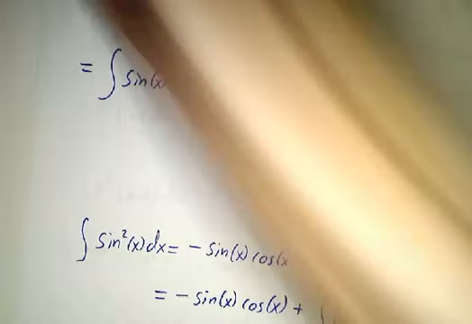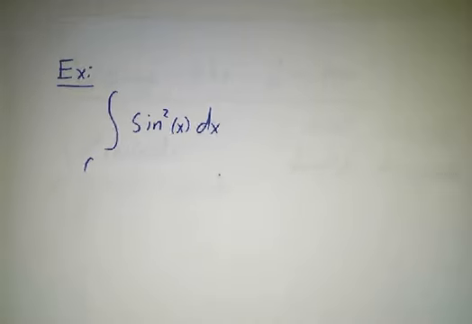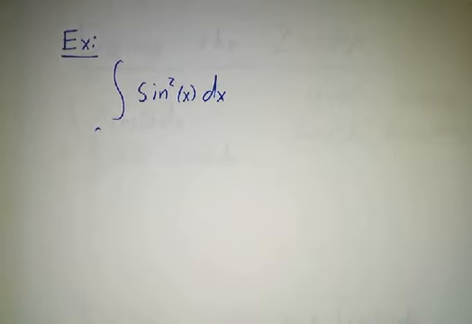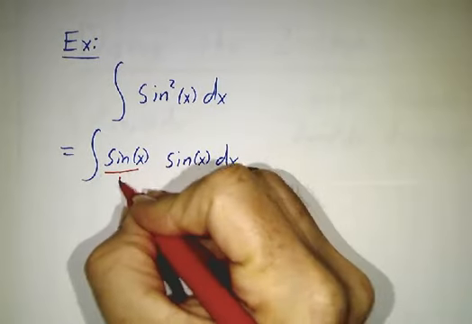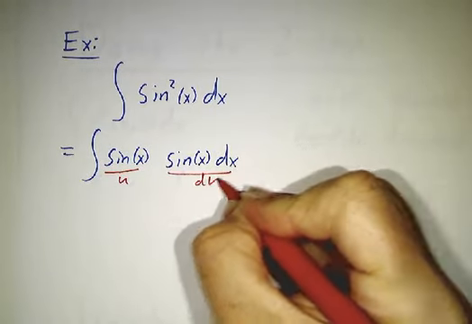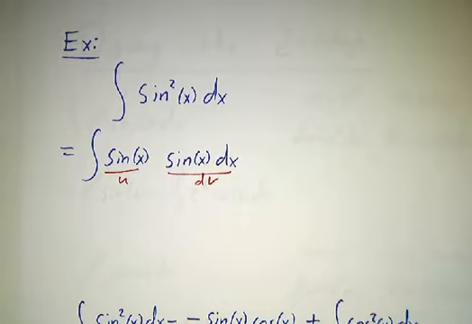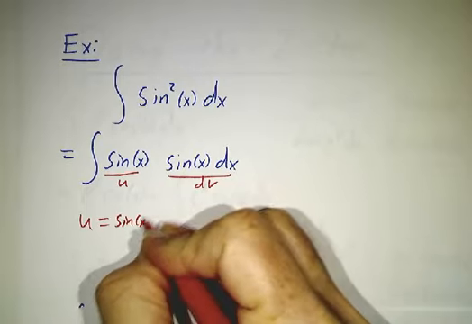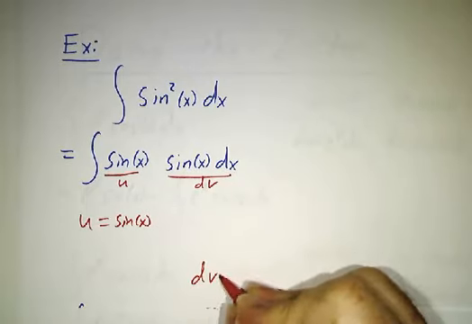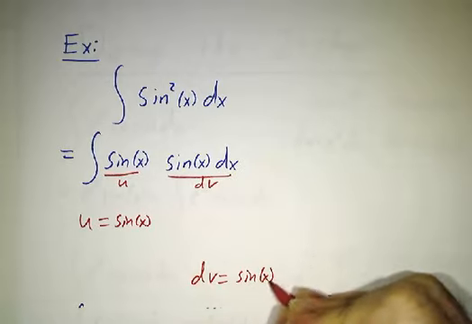So we'll do an example that's a product of sine and sine, sine squared. How do you split up sine squared dx? Well, you could try making sine of x u and sine x dx dv. Let's see what happens. So we let u be sine of x, and dv is sine of x dx.